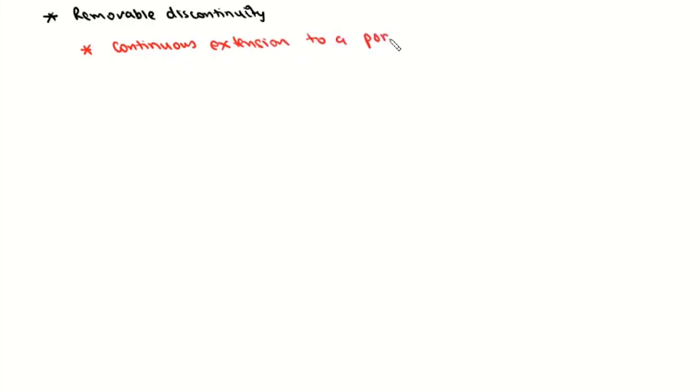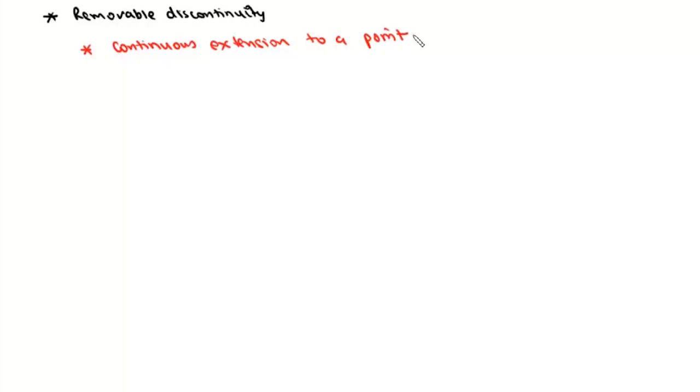Now when a function has removable discontinuity, we can define something called a continuous extension to a point.